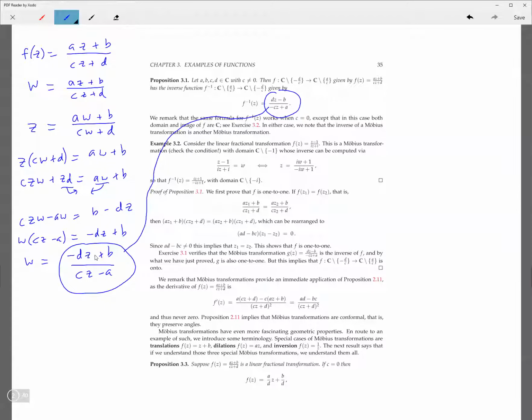Oh, I see. Those are the same. What am I thinking? Okay, yeah. So this is dz minus b, and then this is negative cz plus a, yes. So those are the same. So there's the inverse right there. That's how they calculate the inverse.